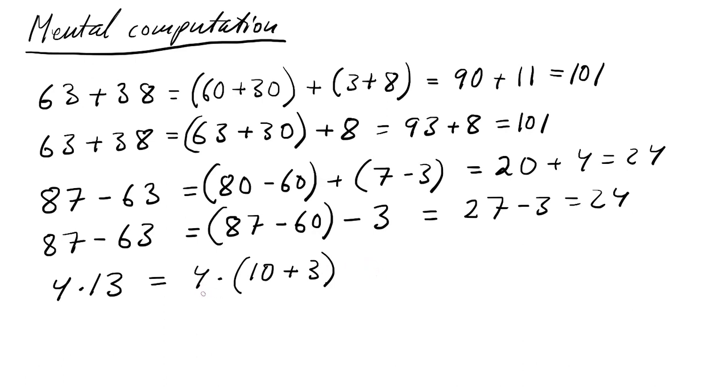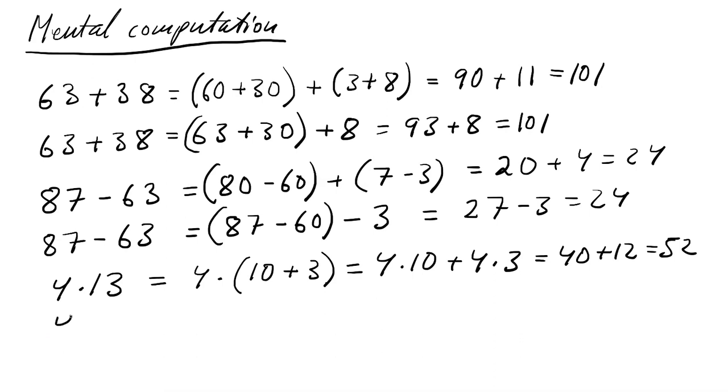Then you use the distributive rule of multiplying two numbers. So you multiply the first and you multiply the second. So this is 40 plus 12, 52. So this is a very common way of doing it.